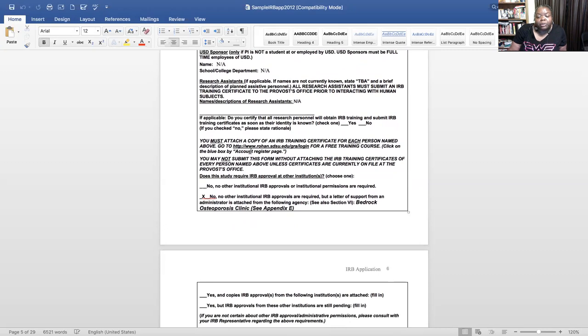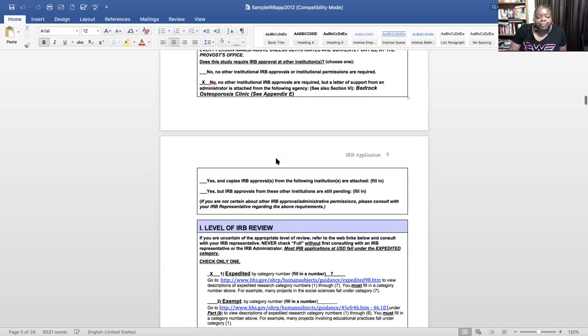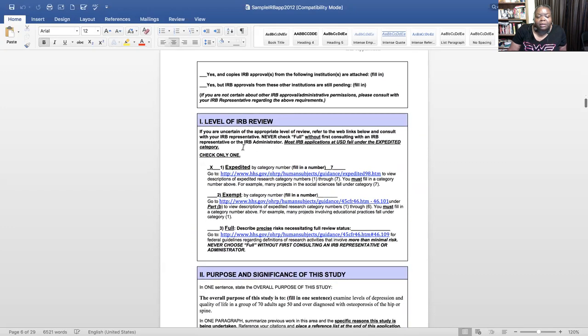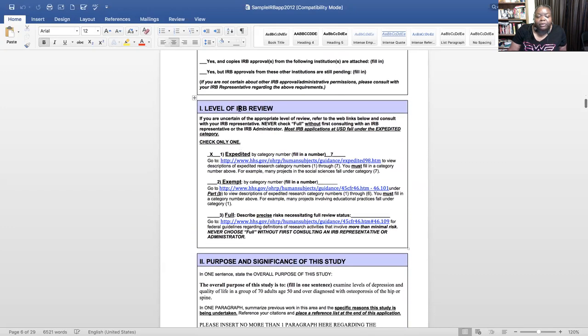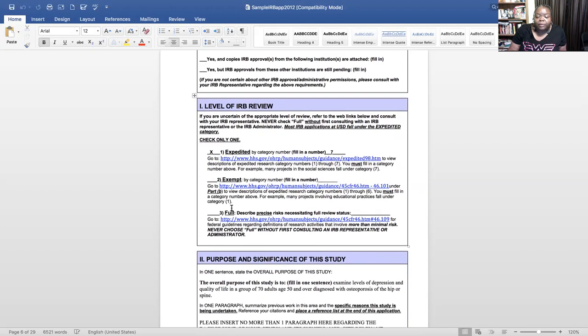There's a training program called CITI, C-I-T-I, that all research participants must go through, and they want you to attach a copy of your training certificate there. Initially, they ask you what level of IRB review it is. There are a couple of different levels: expedited, exempt, and full. Each one has different requirements.